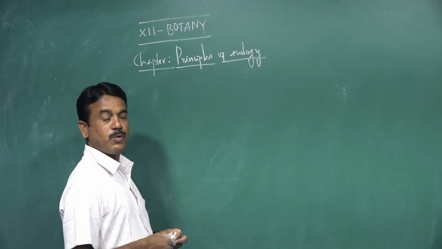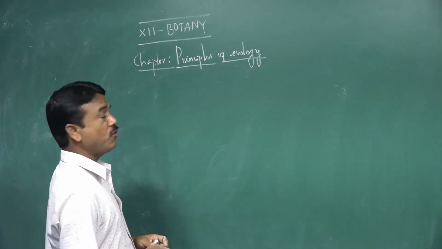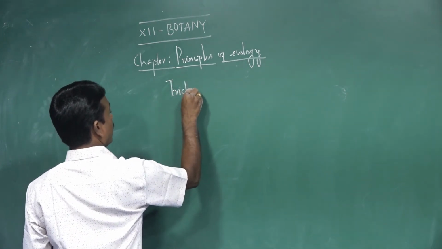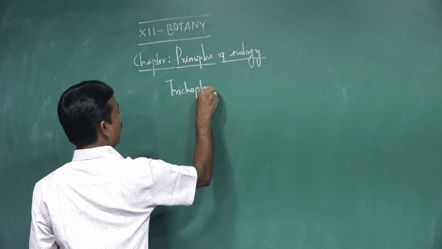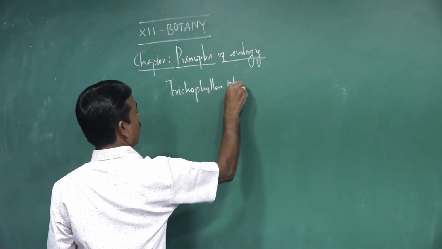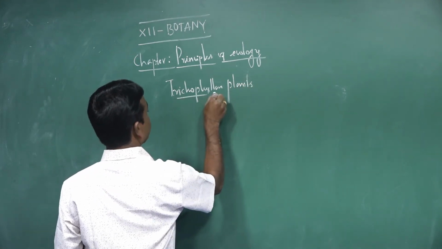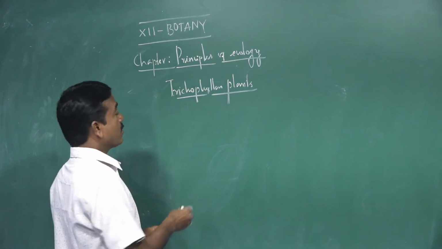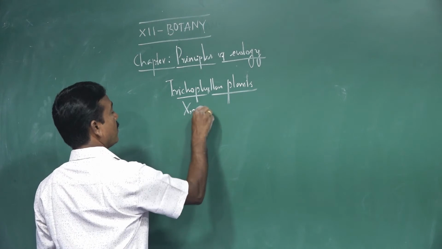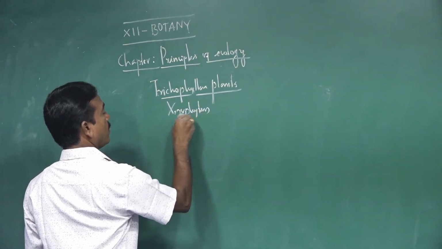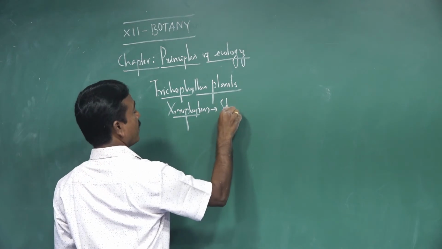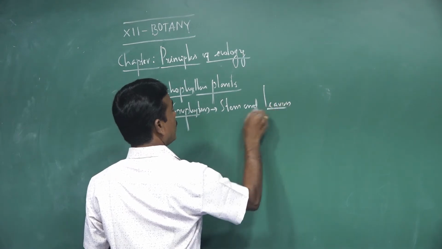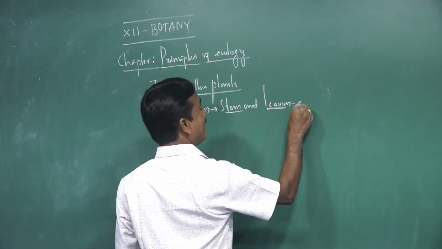The next one we are going to discuss is trichophilous plants. What is the meaning of trichophilous plant? In some xerophytic plants, especially the stem and leaves possess dense hairs.